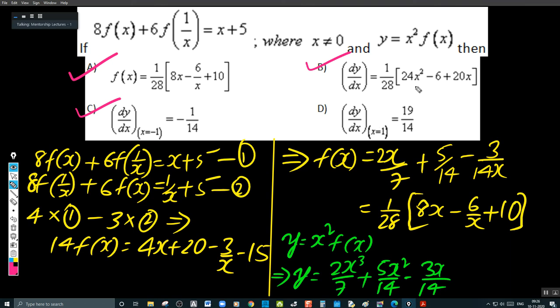X equal to 1 means 24 plus 20, 44 minus 6 is 38 by 28, 19 by 14. This is also correct. Everything is correct, I think. So all are correct. Moving on to the next question, please.